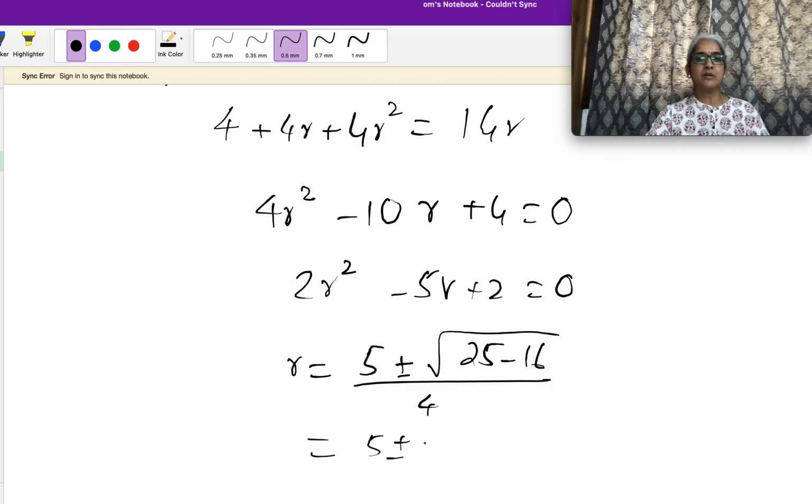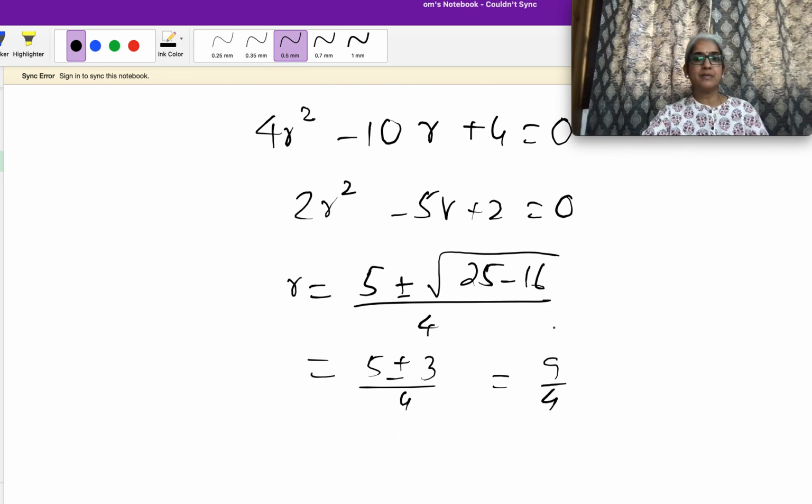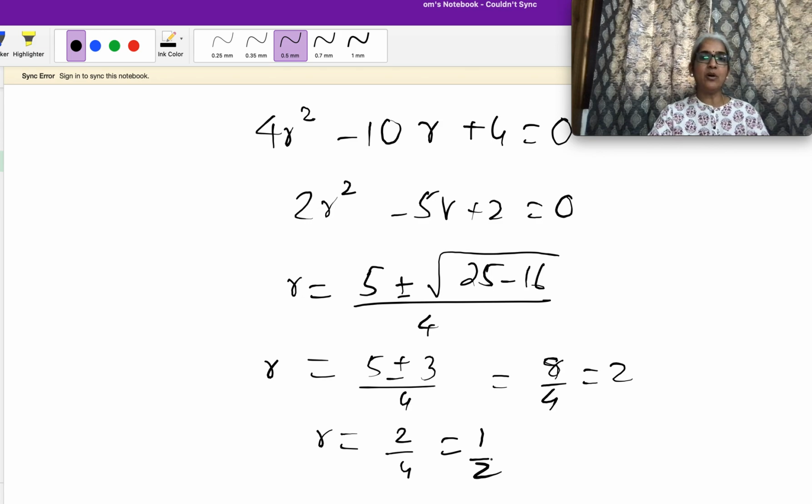So 5 plus or minus 3 by 4. So it's either 8 by 4, which is 2, or it is 2 by 4, which is half. So the ratios could be either 2 or half.